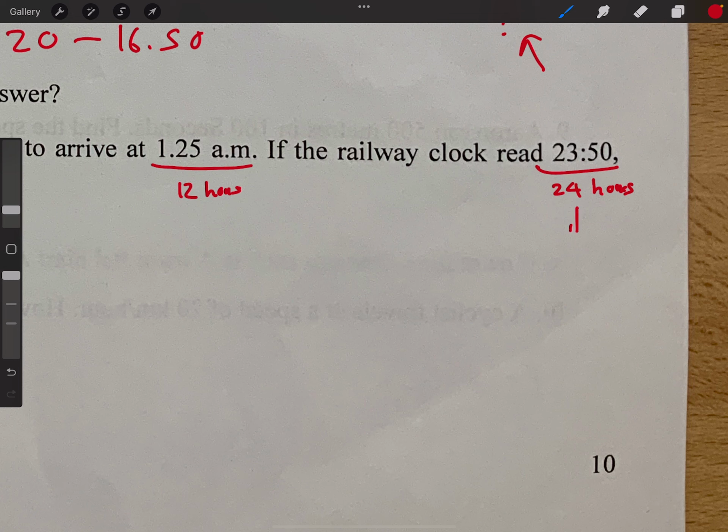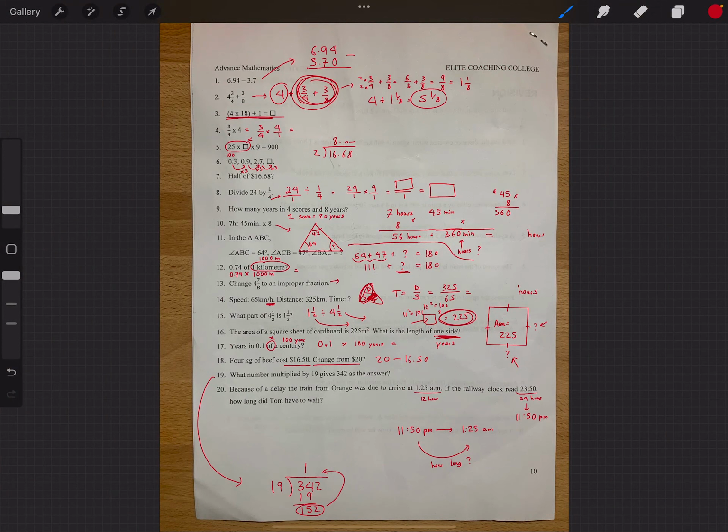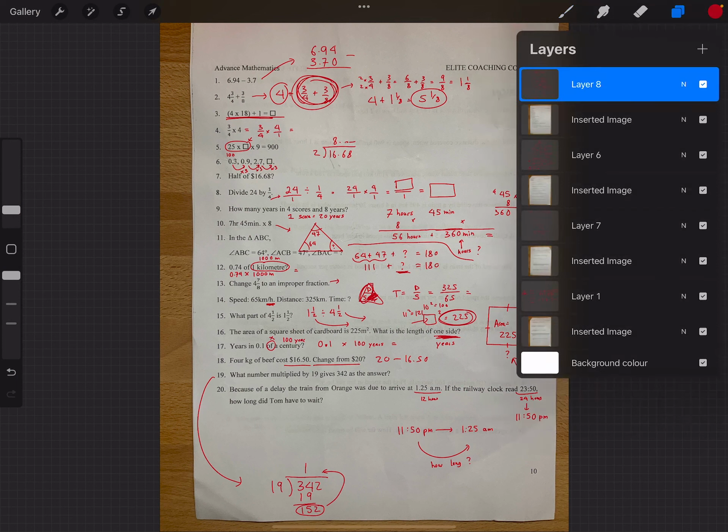This one will be 11:50 p.m. So from 11:50 p.m. to 1:25 a.m., how long was the wait? How much time needs to pass to get from 11:50 to 1:25? You can work that out, and that shouldn't be too tricky. Okay, hope the rest is okay, and I hope that helps.